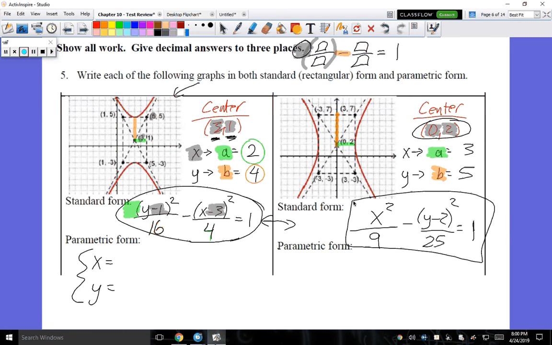Now we're just going to finish it off with the parametric forms for both. X equals something, y equals something. And then over here we'll do the same. X equals something, y equals something for parametric. Now I'm being a little bit too fast here and I don't want you to do that on the test. Let's take a little bit of pride in that. And we'll clean it up with nice pretty braces.